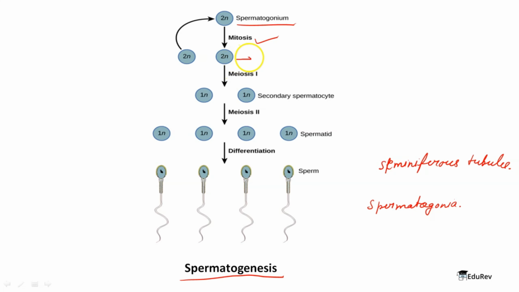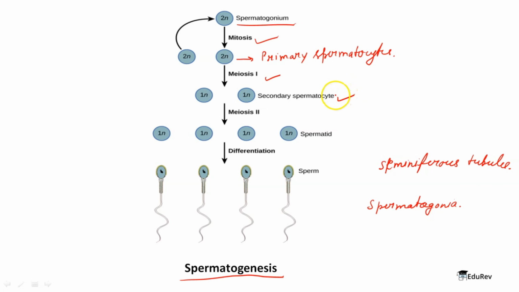So these are our primary spermatocytes. These primary spermatocytes undergo the next division, that is meiosis 1, which is a reductional division. This results in the formation of secondary spermatocytes, right?